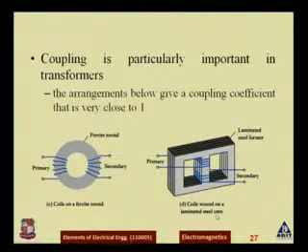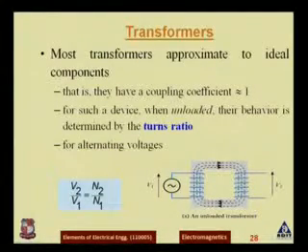As the coupling coefficient between the two windings is 1, it will follow the equation that is used in the transformer. So most transformers approximate an ideal component, that is, they have a coupling coefficient equal to 1.